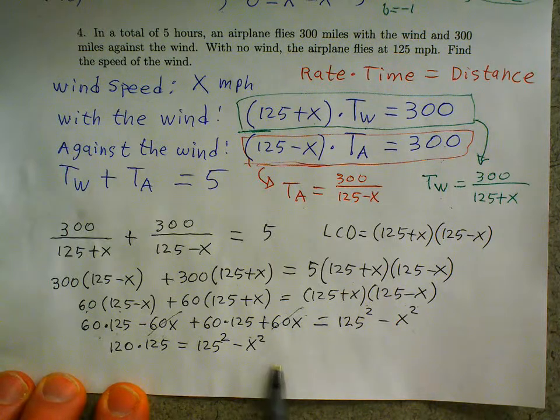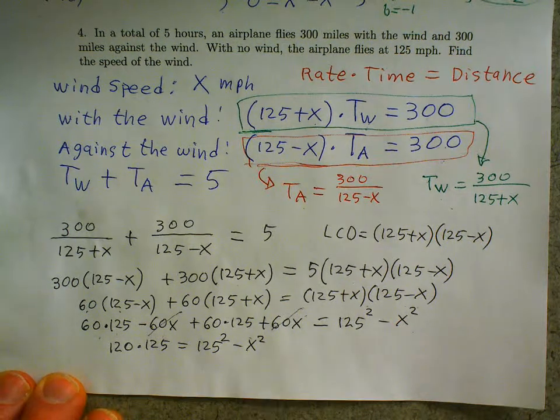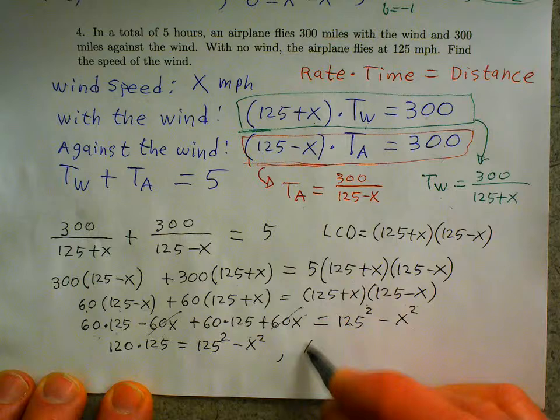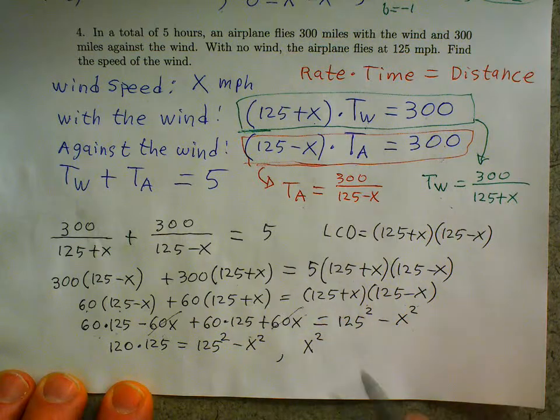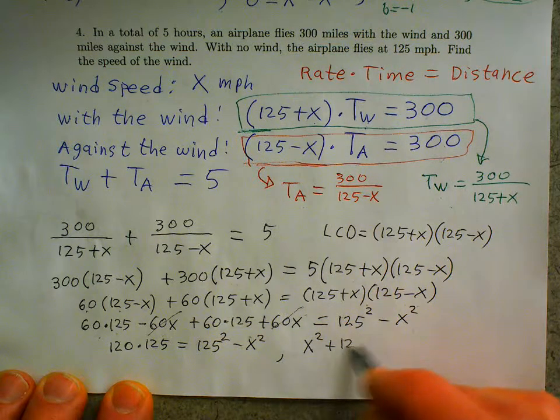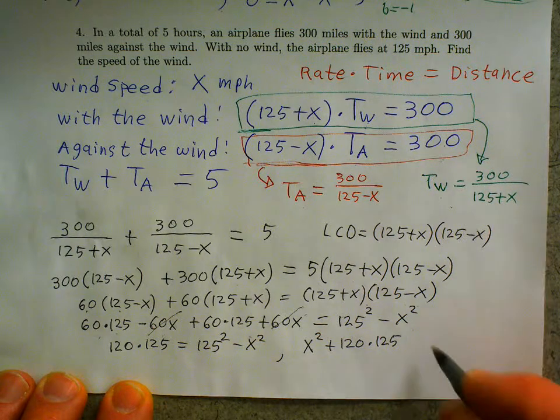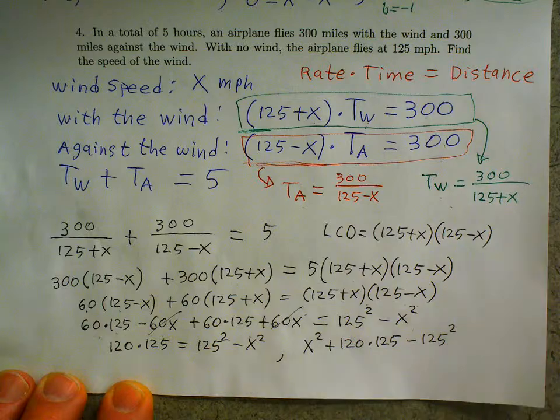And then in the next step, I'm going to add x squared to both sides and subtract 125 squared from both sides. So we'll get x squared plus 120 times 125 minus 125 squared equals 0.